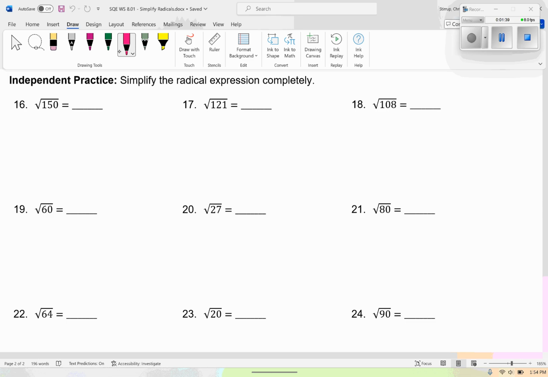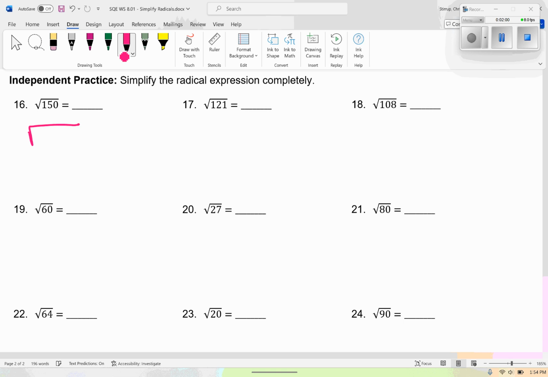As we go up the list, 144 times a whole number is not going to give you 150. 121 is not going to give you 150. 100. Which one of those numbers starts? 25. So 25 and 150 and 6. Cool. So notice what I'm doing.